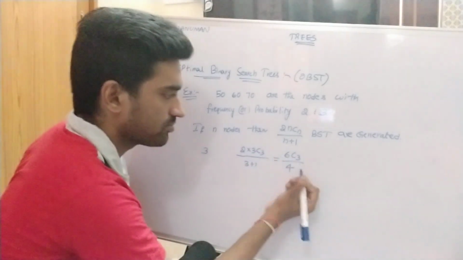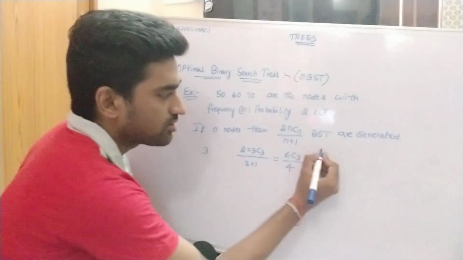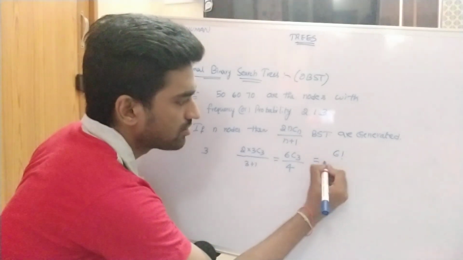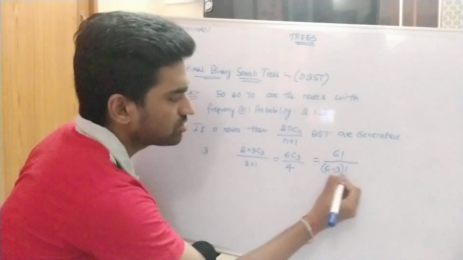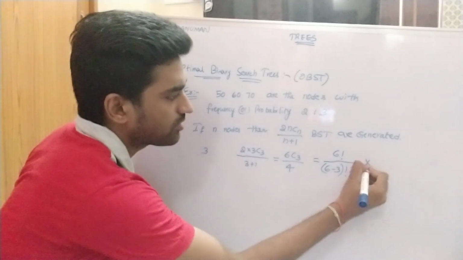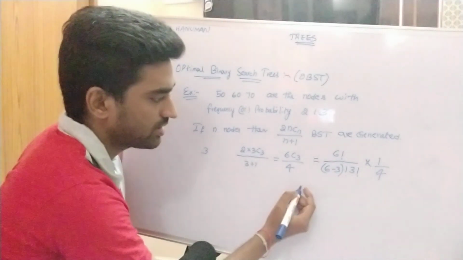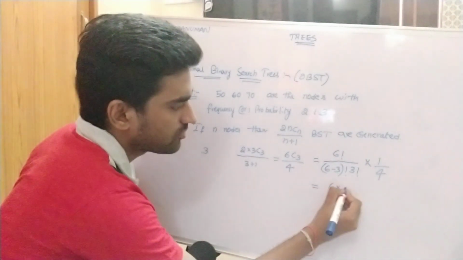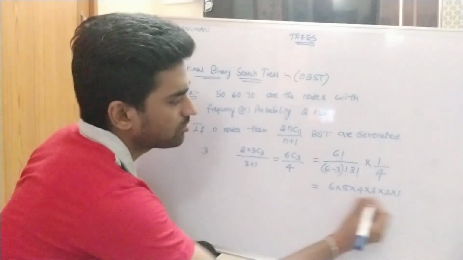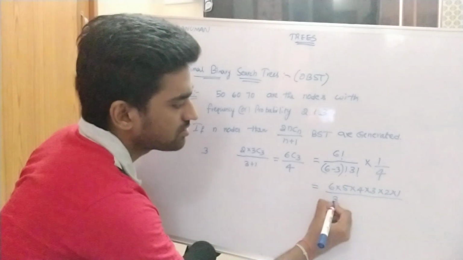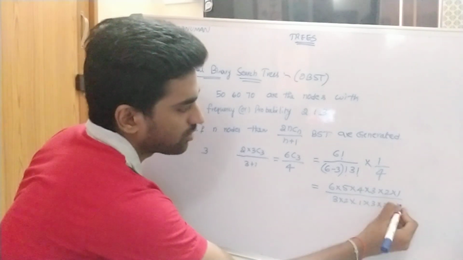by 4, right? So we know very well the nCr formula: 6 factorial by (6 minus 3) factorial into 3 factorial, into 1 by 4. So 6 into 5 into 4 into 3 into 2 into 1, and 3 factorial means 3 into 2 into 1, into 4.